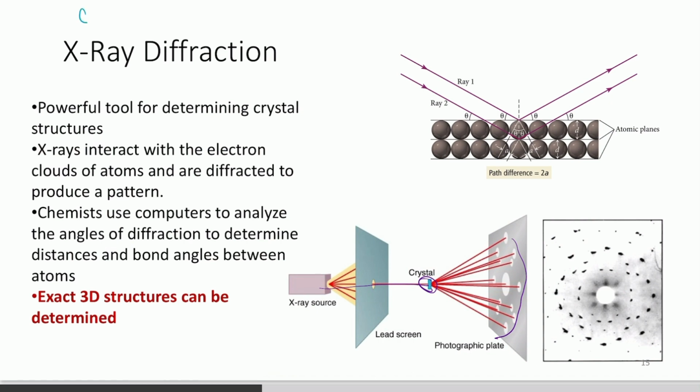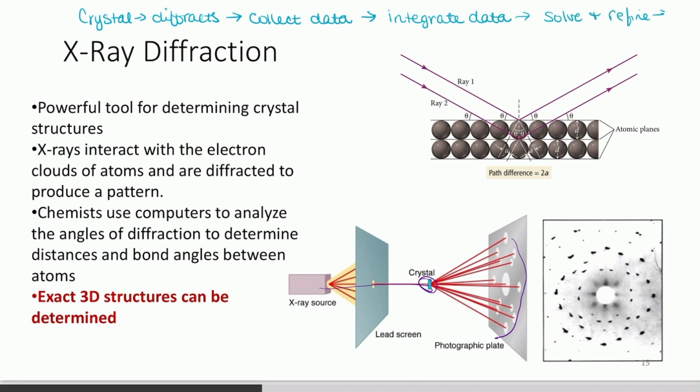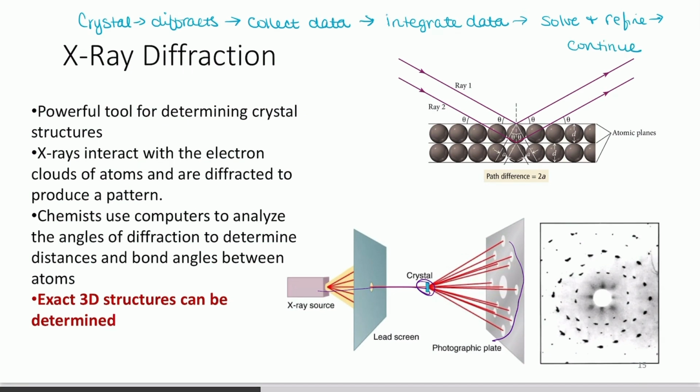So you've got a crystal, it diffracts, we collect data, we integrate that data, which is mathematical manipulation. We solve it and refine, and then we continue that process.